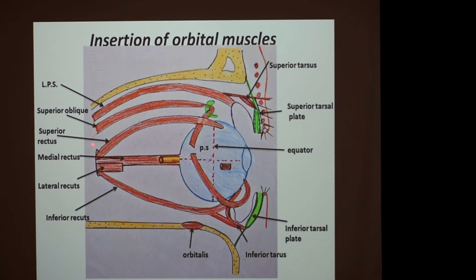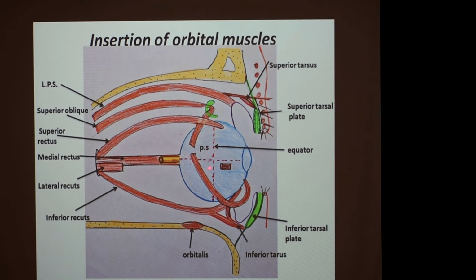So the initial course of the superior oblique muscle is immediately superior to the medial rectus muscle. It goes straight, then it hooks around the trochlear pulley or trochlea, whatever you term, then it is directed backward and laterally, and ultimately it inserts over the scleral tissue by piercing the episcleral space, more specifically on the posterosuperior quadrant of the eyeball behind the equator.